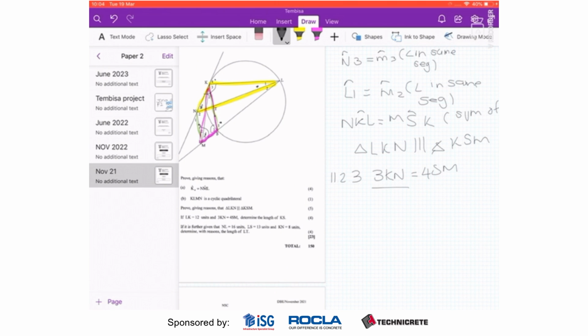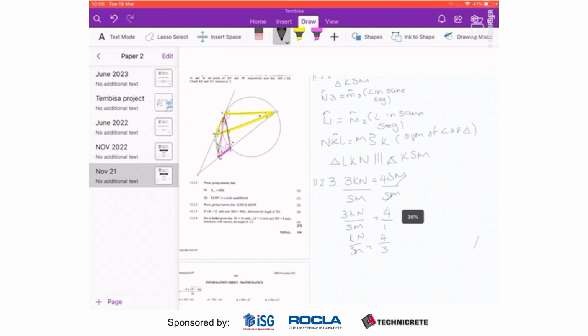Going to divide by SM. So 3KN over, so KN over SM is 4 over 3. I'm swapping the 3 to the other side.